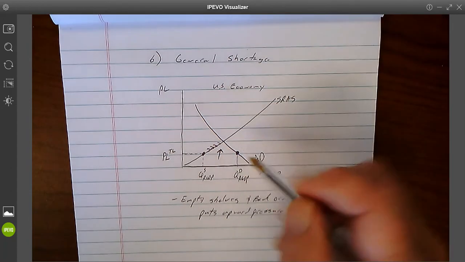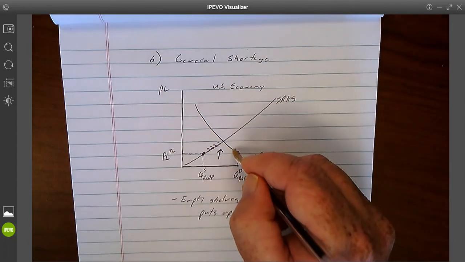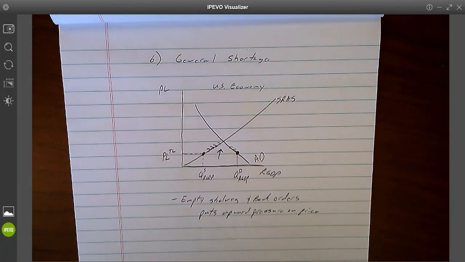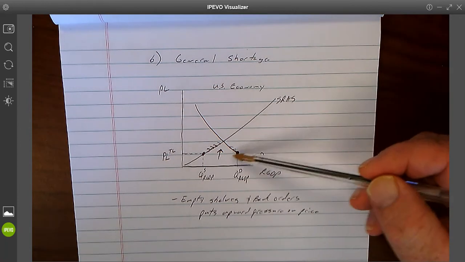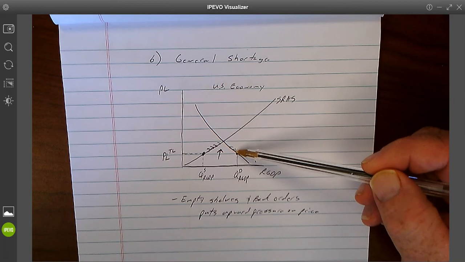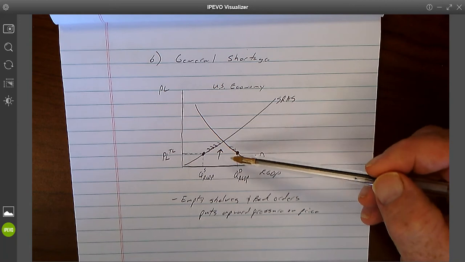But remember, as the price level goes up, quantity of real GDP demanded is going to go down. Why is it going to go down? For the three reasons we've talked about. As the price level goes up, the real balances in your bank account go down. The same amount of money can buy less, so you're going to buy less. As the price level goes up, interest rates go up.